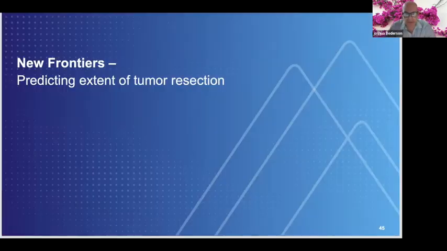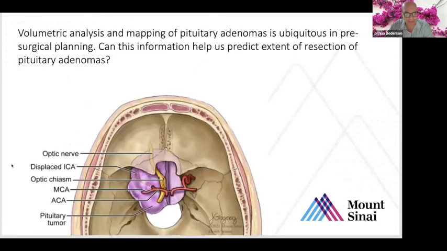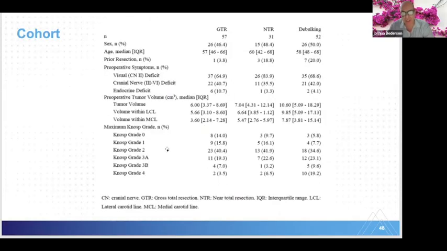As part of planning, we can also predict the extent of tumor resection. And we have used this to revisit the NOSP criteria for pituitary adenomas recently. And so what we have done is a volumetric analysis of pituitary adenomas and compared the extent of resection using a volumetric analysis versus the NOSP criteria.